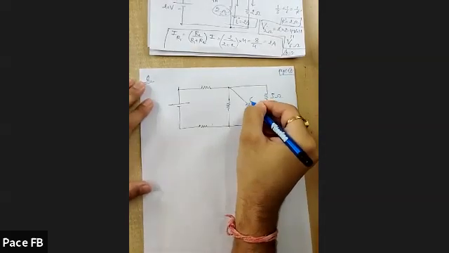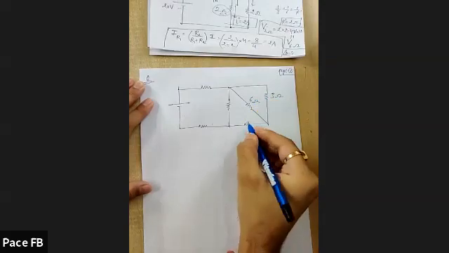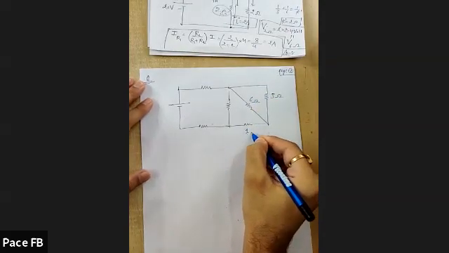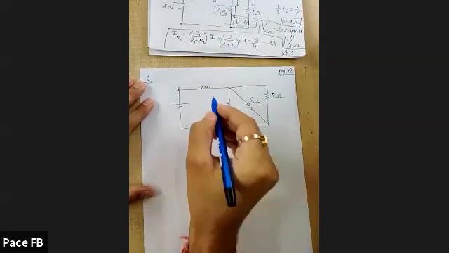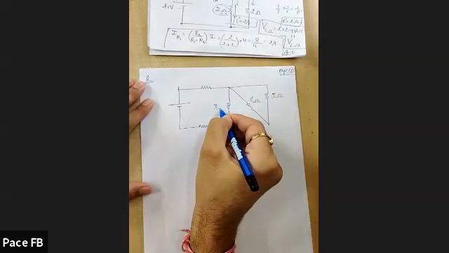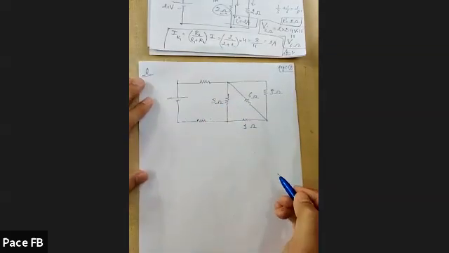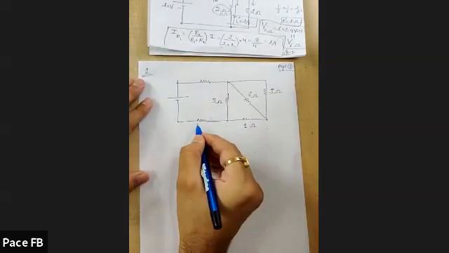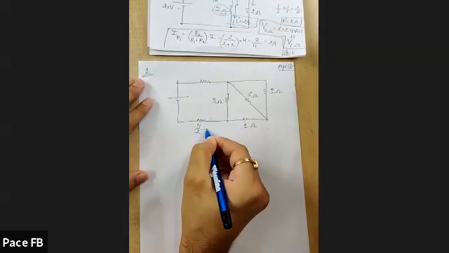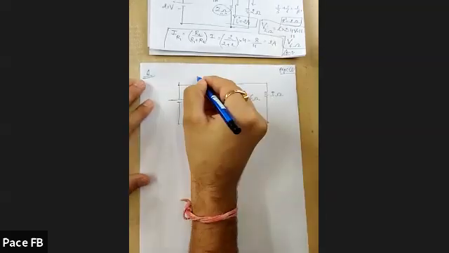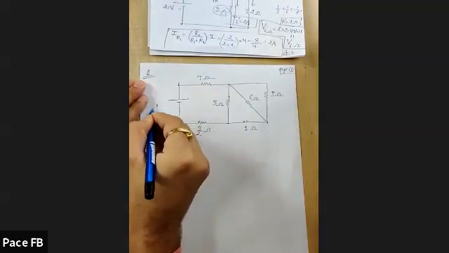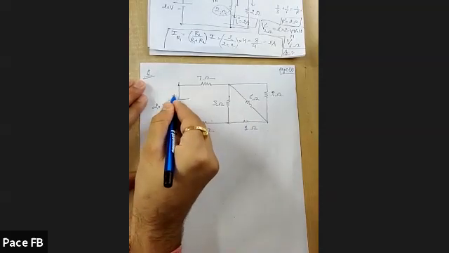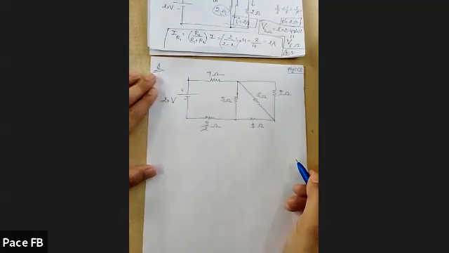This is 3 ohm, this one is 6 ohm, and then this one is 1 ohm, then this one is again 3 ohm. This one is 3 ohm, then this one is 3 by 2 ohm, and this one is 7 ohm, and this battery is of 20 volt. In this circuit, 6 resistors are connected.